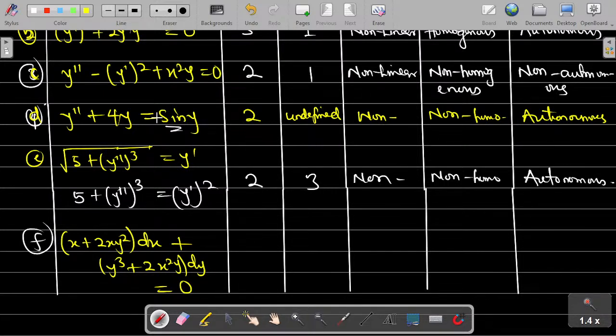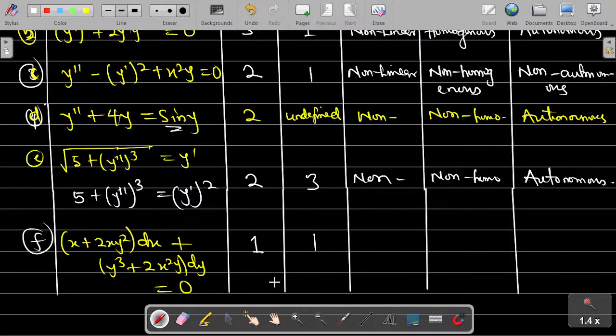Let's begin. What's the order? Of course, the order is 1. By the time you make dy dx the subject, it will just be only dy dx, not more than one derivative. Okay, then what is the degree? Of course, the degree is going to be 1 if you make dy dx the subject, so the power will be 1, so the degree is 1.